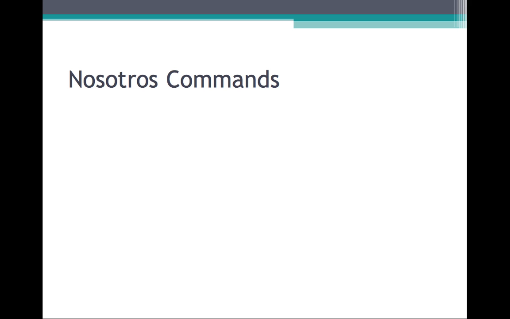Who else? A stranger, somebody you don't know, or somebody you just met. So somebody older, somebody you just met, or just in general somebody who you want to do what? Show respect. Yes. Okay, so you use formal commands when you speak with somebody older, you just met, or you don't know, and you want to show respect.